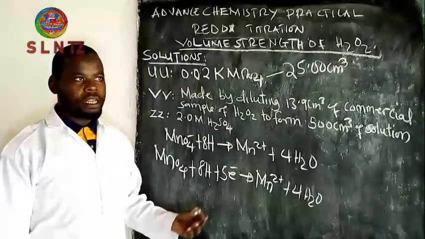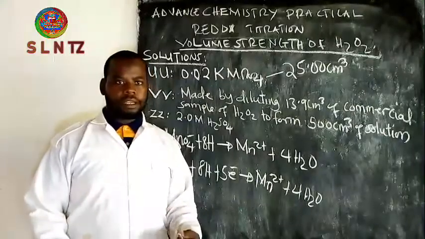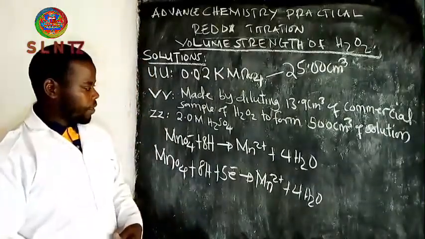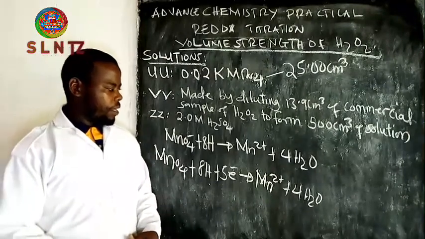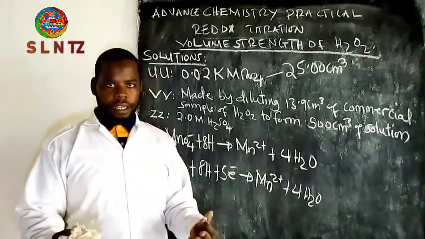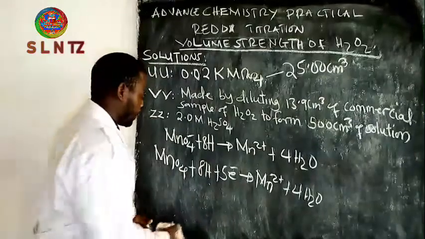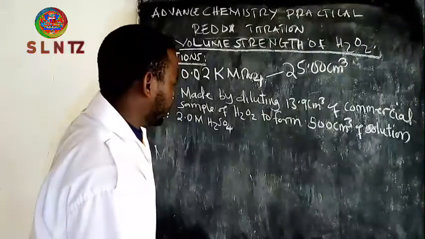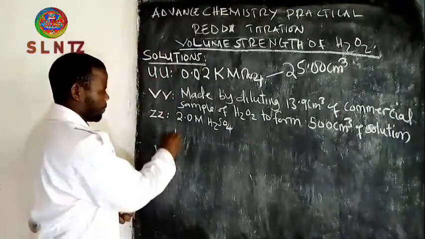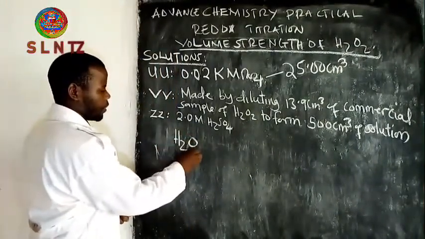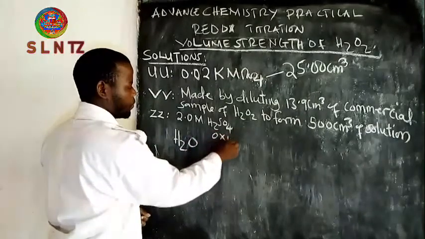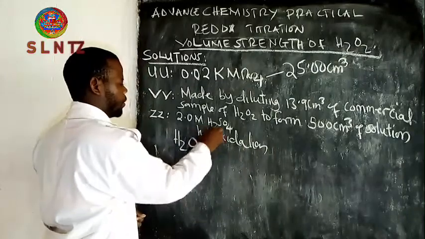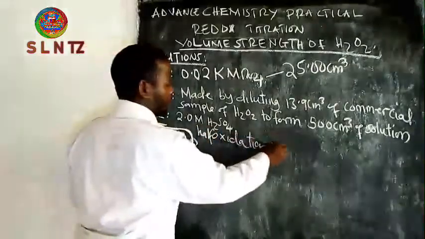Note it, and then we proceed in a few seconds. I think you have noted. Let's proceed. It means half oxidation will be hydrogen peroxide. This is the half oxidation reaction.